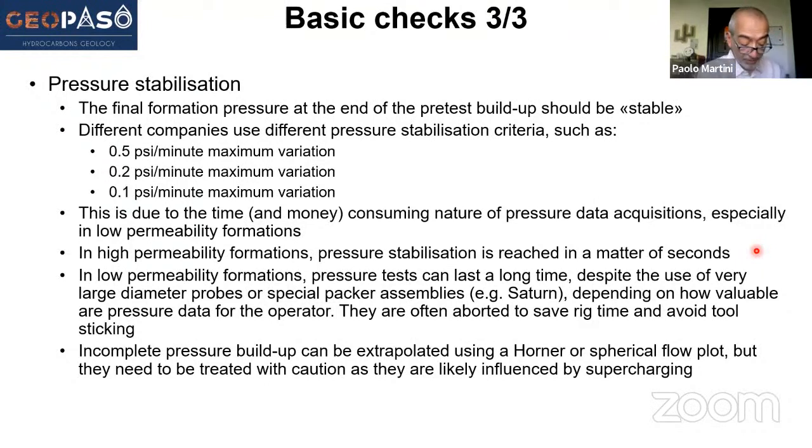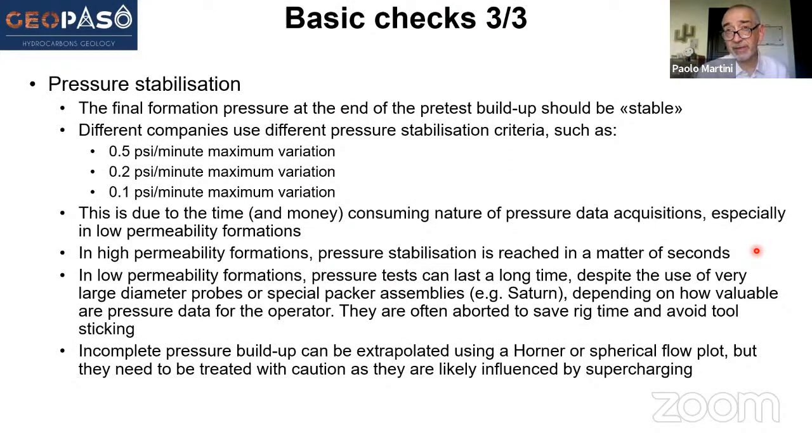Despite the use of special tools like very large diameter probes or packer assemblies like the Saturn, that depends on how much value the operator puts on the pressure data that they are acquiring.